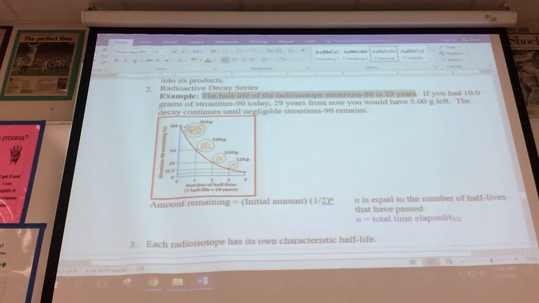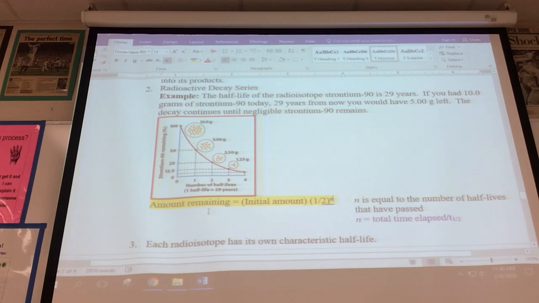You start with 10 grams or 100%. After one half-life of 29 years, you have half that amount, 50% of it. After another 29 years, you have 2.5 grams. After another 29 years, etc. So you can chain it right through, or this formula here is very useful with these types of calculations.